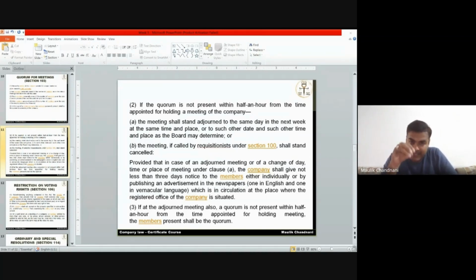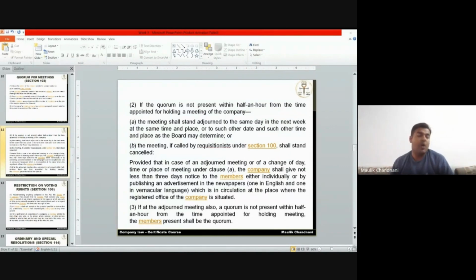That means till Sunday, till 5 p.m., 5:55 p.m. If we postpone the meeting, that we are not going to conduct a meeting which is scheduled at 6 p.m.